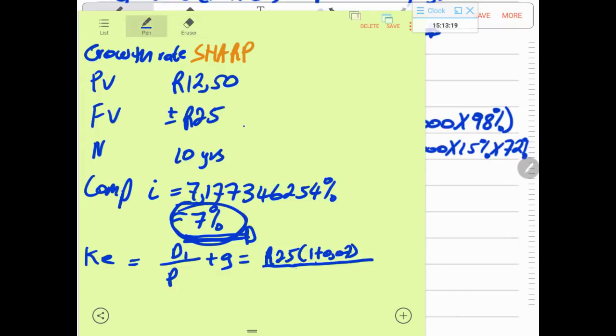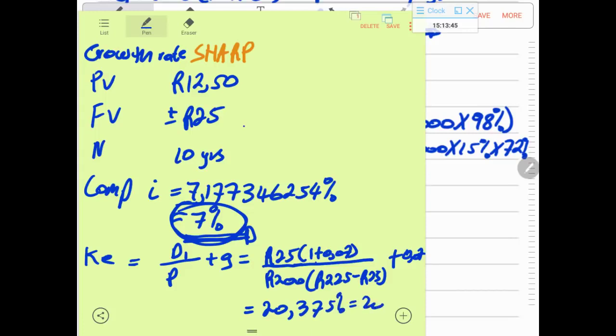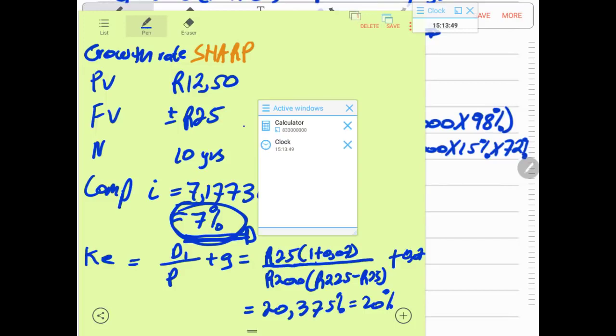Let me just start writing it here in the beginning. 200 is the price, which is coming from 225 minus 25 rand, plus the growth rate, and our growth rate is 0.07. Therefore, the answer, if I still remember, gave us 20.375, which came to 20% after rounding this figure off into a whole number.